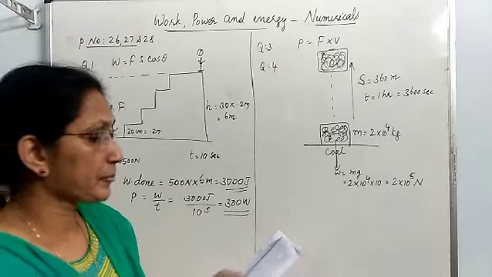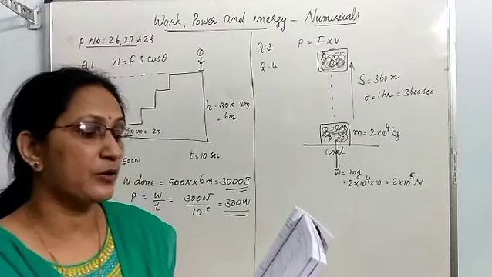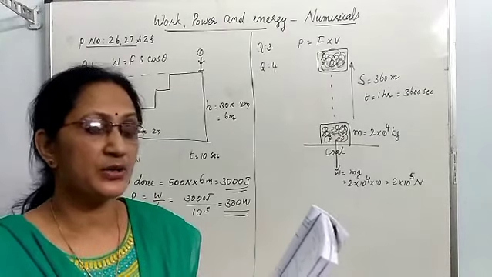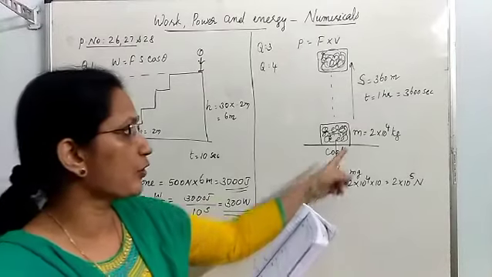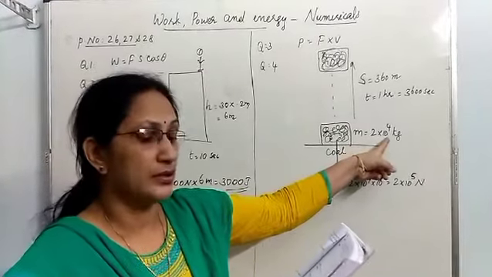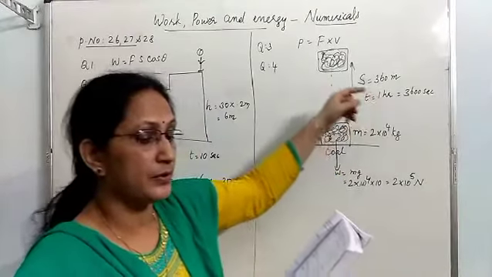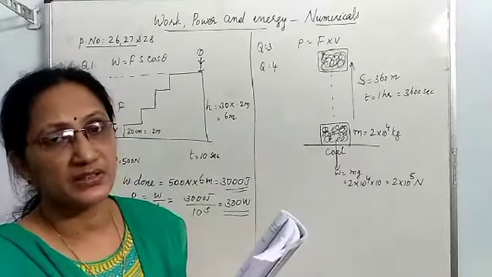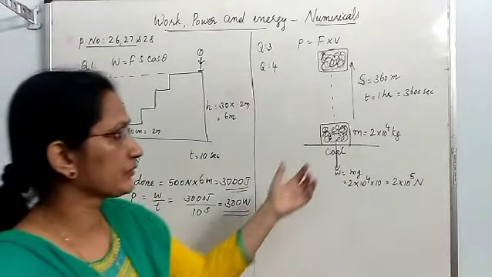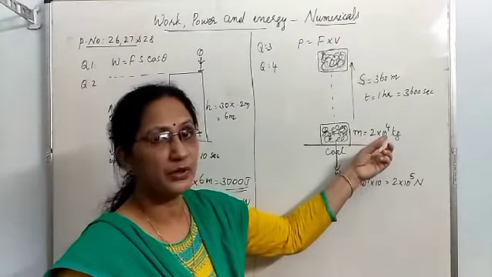Now, next, question number 4. Calculate the power of an engine required to lift 2 into 10 to the power 4 kilogram of coal per hour from 360 meter deep. Look at the diagram. Mass of the coal is 2 into 10 to the power 4 kilogram.